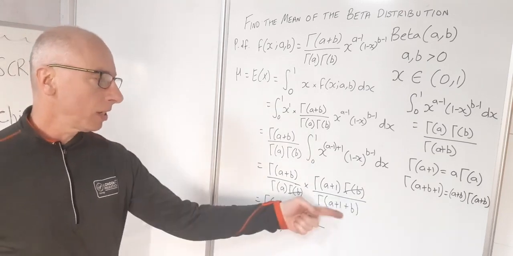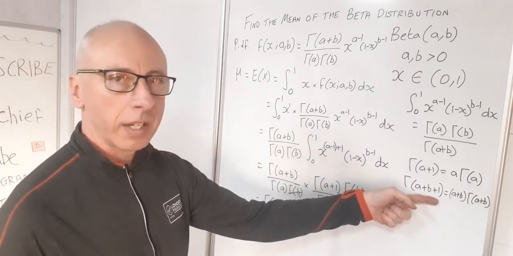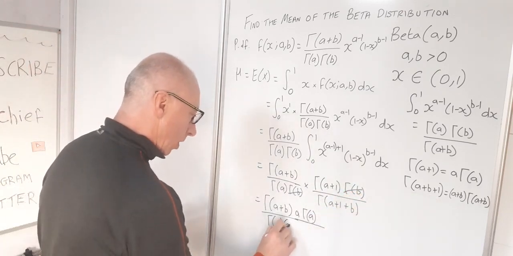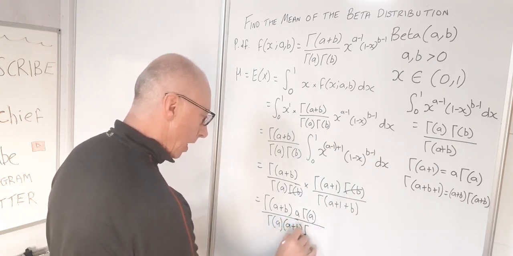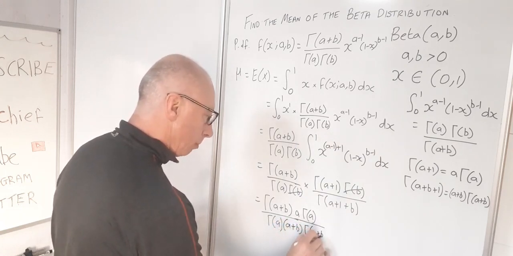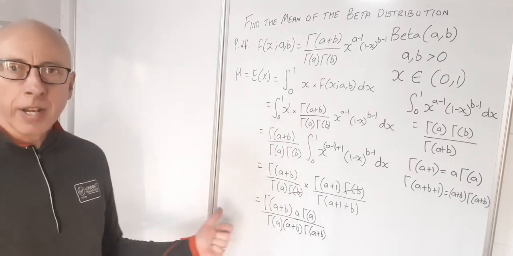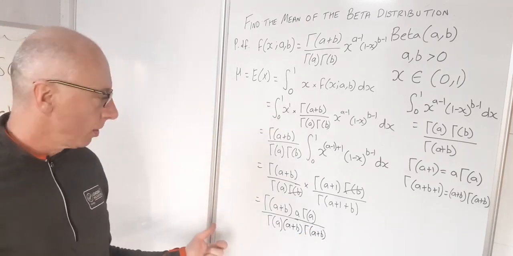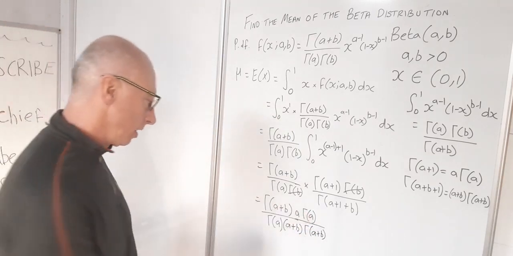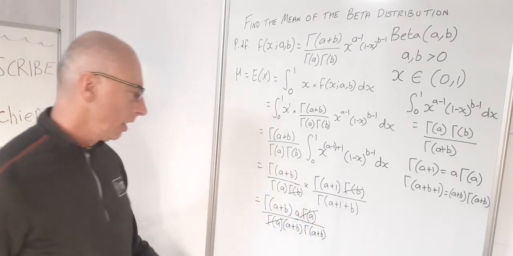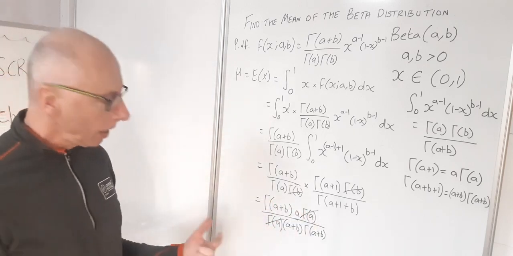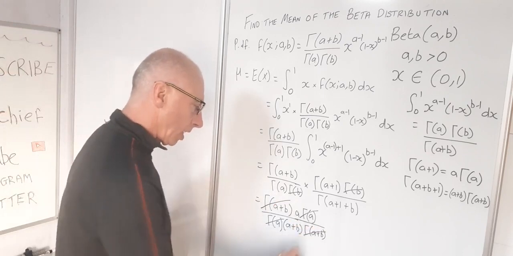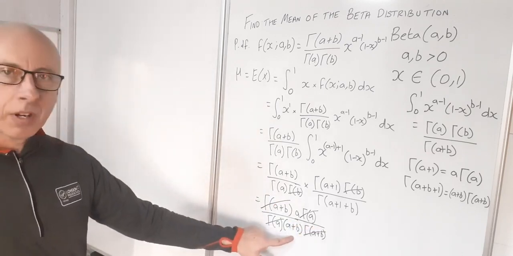So now I can rewrite this denominator using this identity here. So now I've got A plus B times gamma of A plus B. So now using that I've got some cancellations. So gamma of A, that's gone. Gamma of A plus B, gamma of A plus B, that's also gone. So now I'm just left with A divided by A plus B.